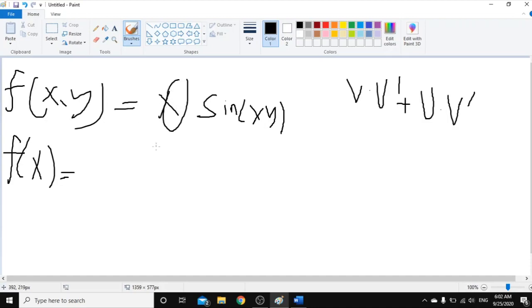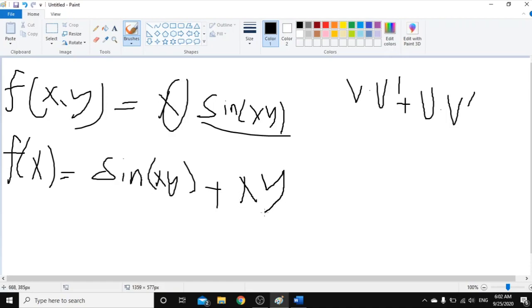The derivative of x is 1, so what's left is sine x y, and then plus the product rule here, sine x of y, the derivative of x here is 1, so x times y sine x y. That's it.